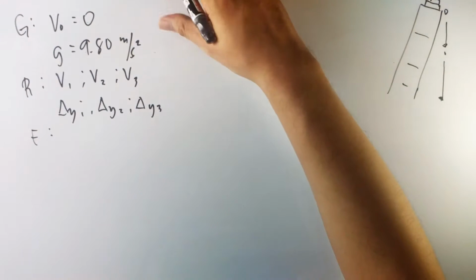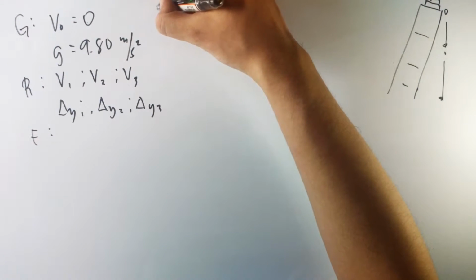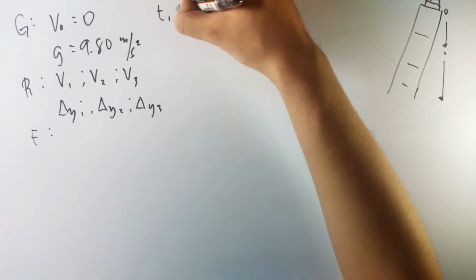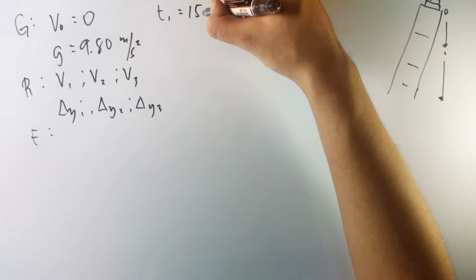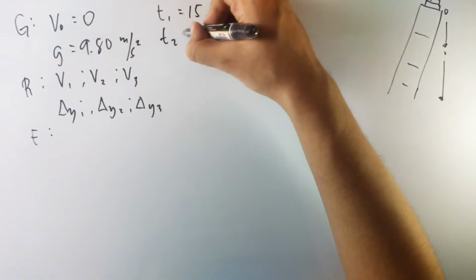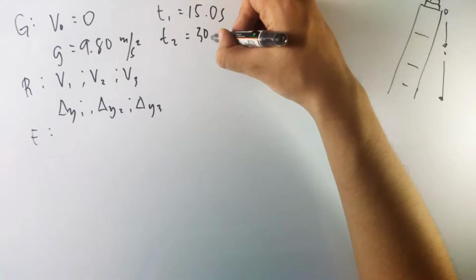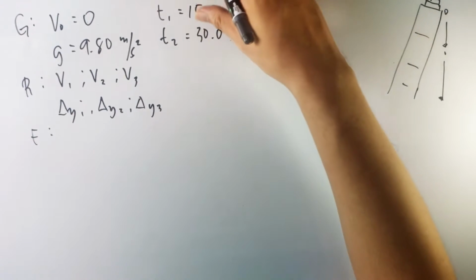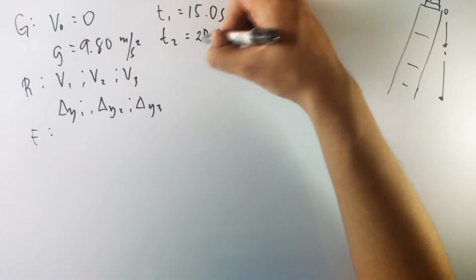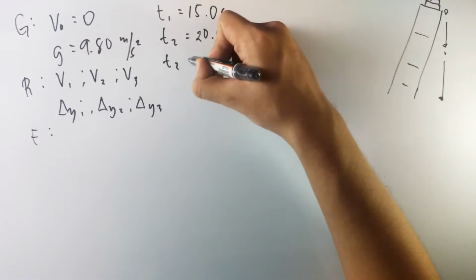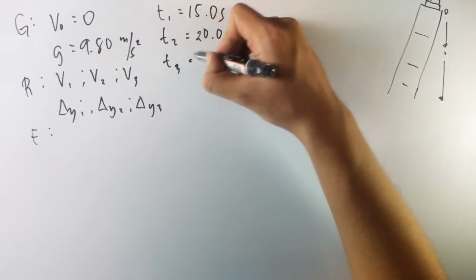Oh yeah, I forgot, we have given time. So we have t sub 1 at 15 seconds, t sub 2 at 20 seconds, and then t sub 3 at 30 seconds.